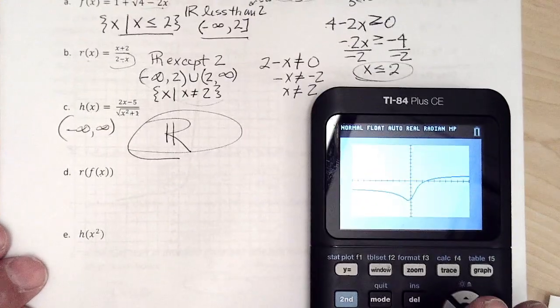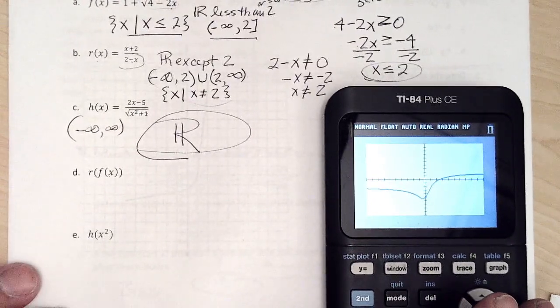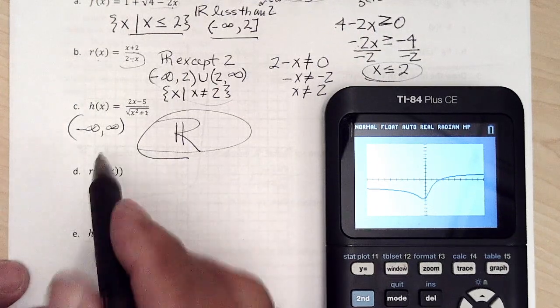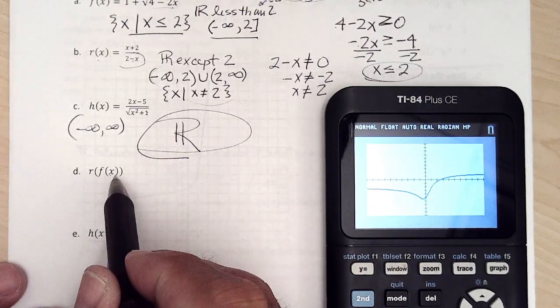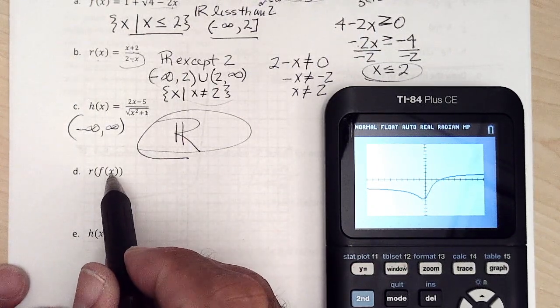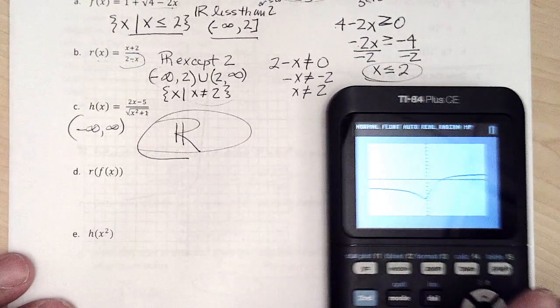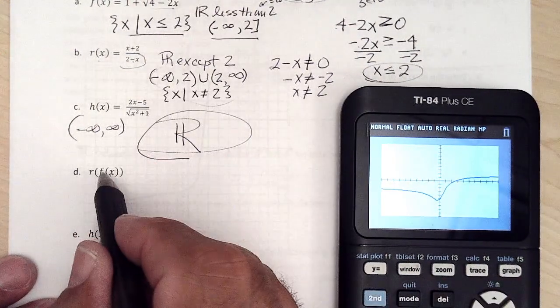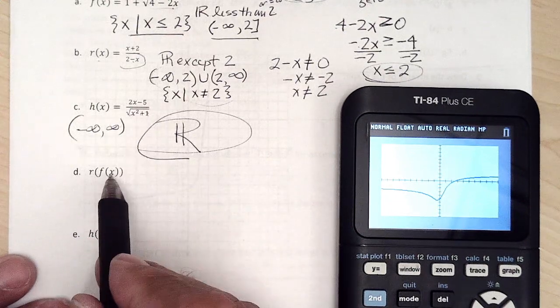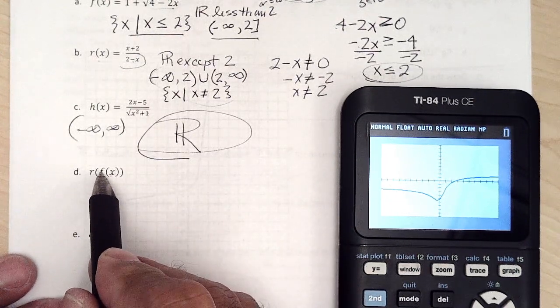Okay, now we got composite functions, and we got to do domain and range on composites. And there's a way to do those on a calculator and on Desmos. I'll show it on the calculator, and hopefully you'll be able to understand how to do it on Desmos. But the idea is you have to be able to put the number into f.